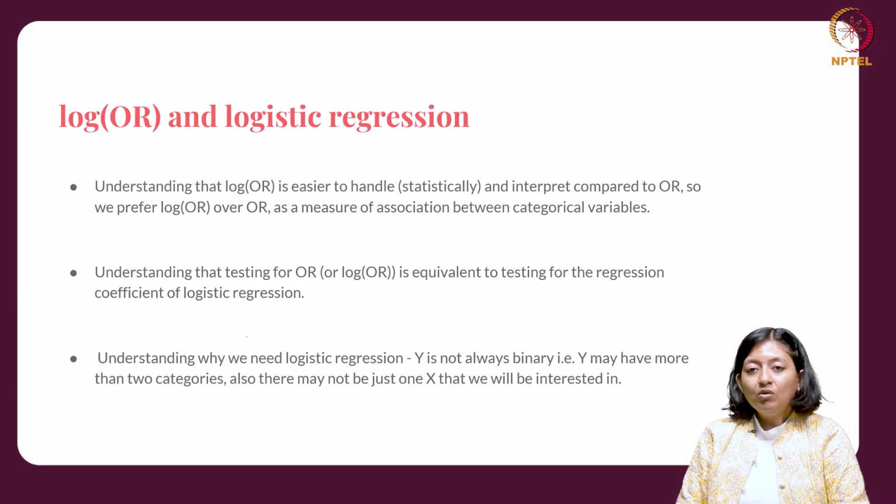So even though log odds ratio is very convenient, still we will need to use logistic regression because sometimes y is not a simple binary feature. It can have more than two categories. Also, it may be dependent on multiple predictor features. That's when logistic regression comes in handy instead of calculating the odds ratio for all of these combinations.